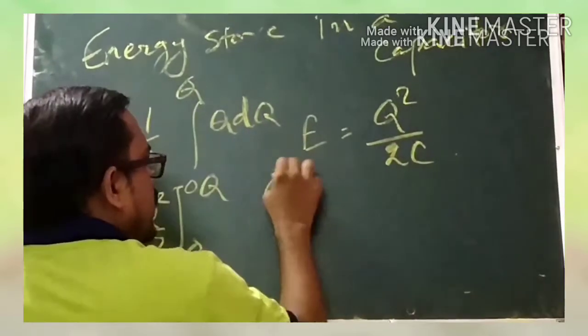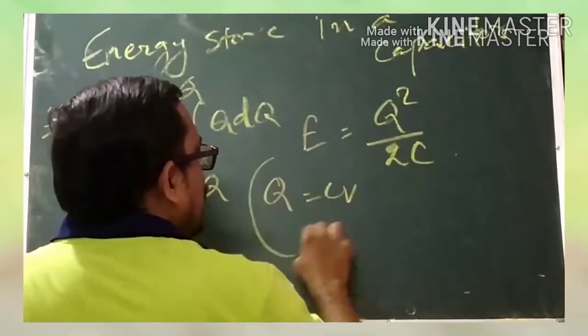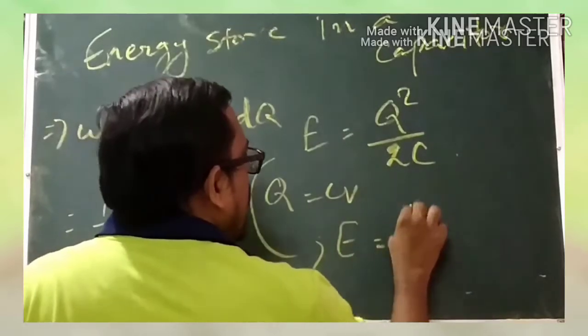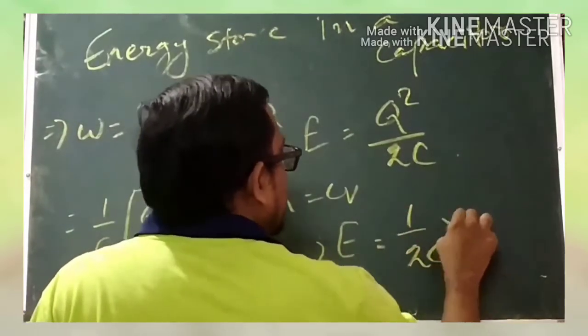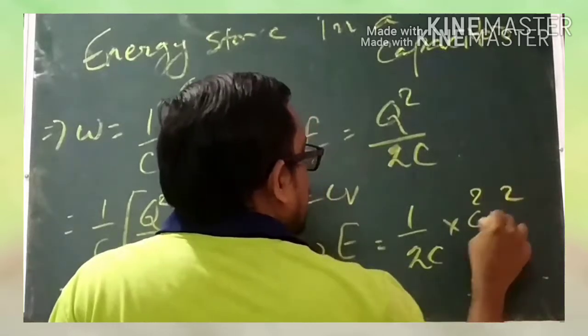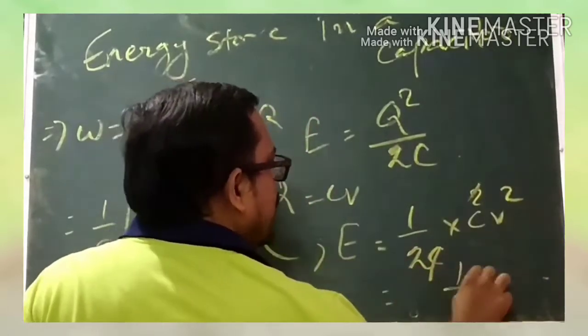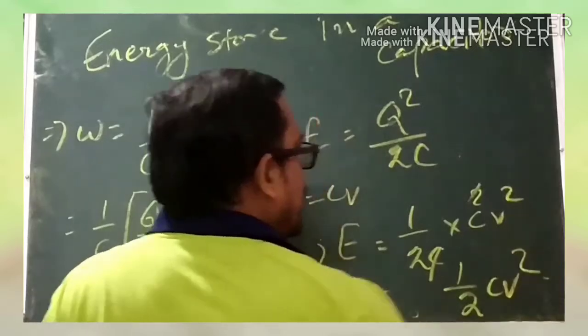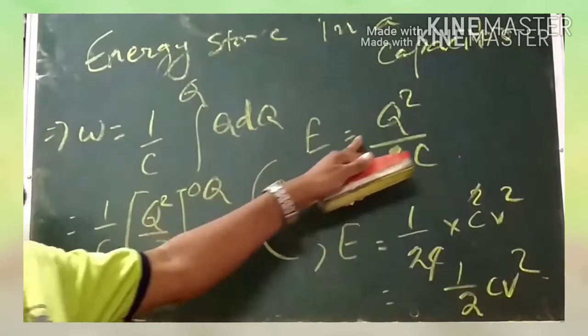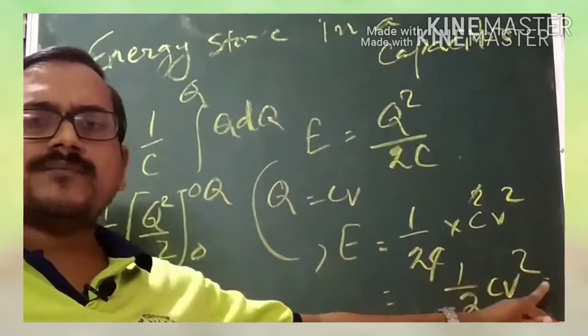Now if we put Q equal to CV, this formula becomes E equal to half or 1 by 2C into C square V square. So now C cancels, this is half CV square. Okay, second formula: the first formula is Q square by 2C, the second formula is half CV square.